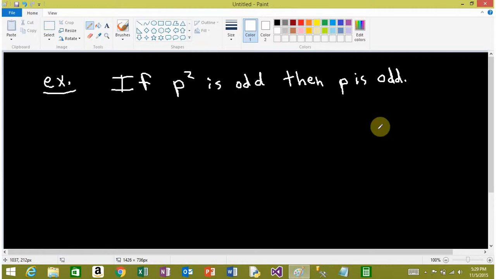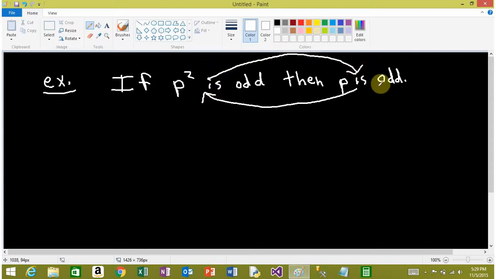It's just that we have the square there, p squared is odd, so that might be a little bit difficult to do. So this is where we need to start with maybe p to the first power first, bringing that in as the antecedent, and p squared is odd as the consequent.